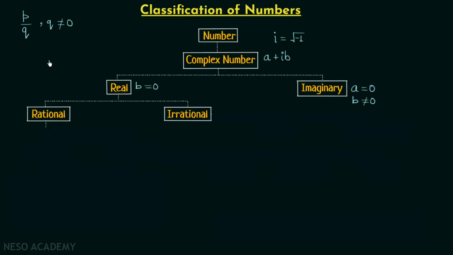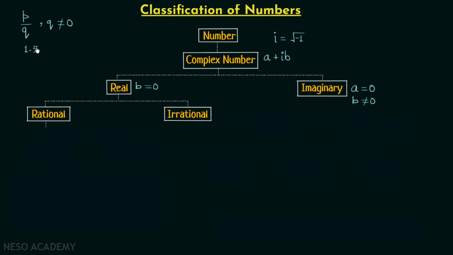Now we will talk about the two types of rational numbers. The first one we call terminating decimal form of a rational number. For example, we have 1.5. Here you can see that we have only 5 in the decimal place. There is no repetition and there is no continuous decimal numbers.